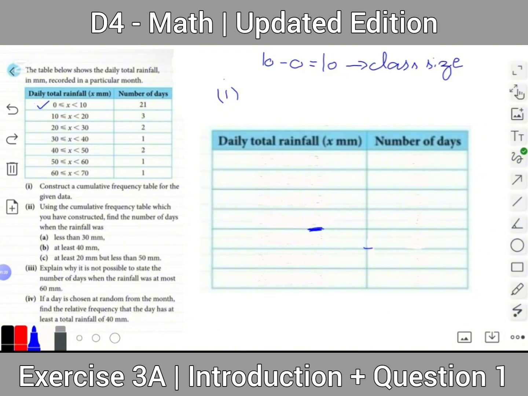60 to 70. And this daily rainfall class interval shows us the number of days in the corresponding class interval. Now, the number of days is nothing but the frequency.